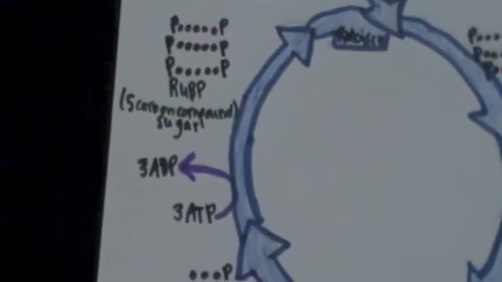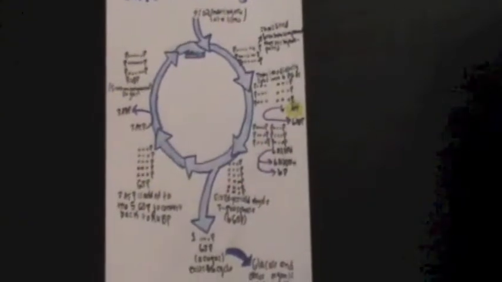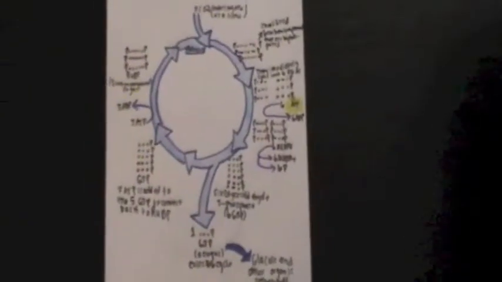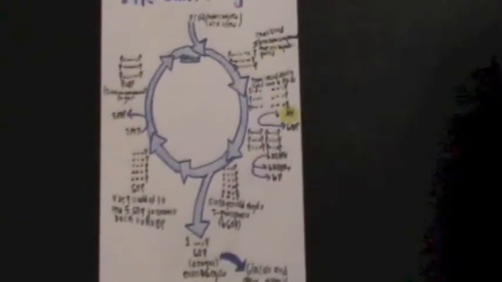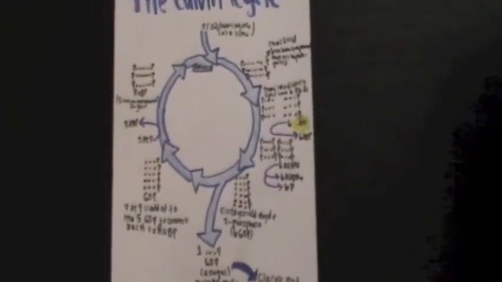The other 5, with the help of 3 ATP, become RuBP and the cycle starts over again. The cycle continues until 1 full glucose is created. When the cycle has created enough G3P to create 1 full glucose, the glucose can then become a protein, fat, or carb, which are all macromolecules of life.